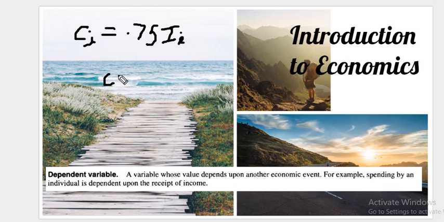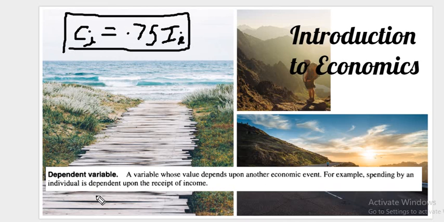It is indeed applicable in this circumstance also. So we are saying in our little model, the consumption or the amount of spending is dependent on the amount of income that person is making. Make sense? So this consumption or spending is our dependent variable. That's it.